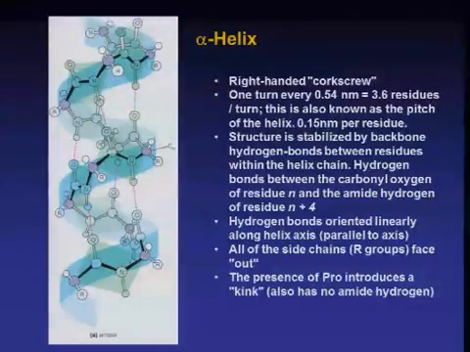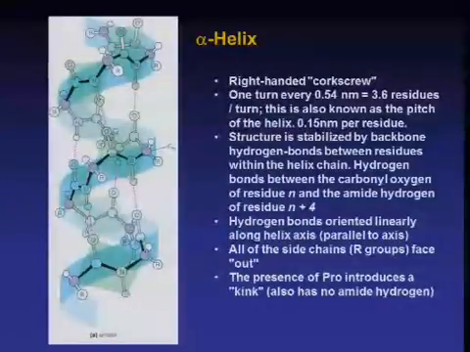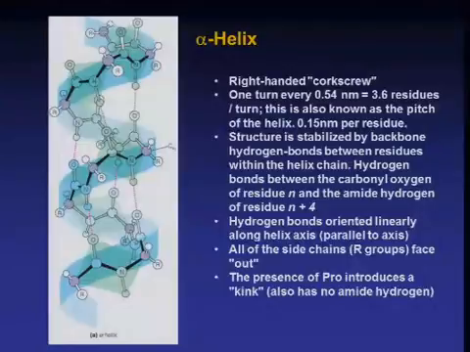Okay, one turn about every 4 amino acids, 3.6 residues, right? So that if you have an R group here, you come around, and when you get to the same position, as you make one full turn of the helix, you're going 3.6 residues. Again, we're getting structure being stabilized. It's a secondary structure, so the atoms involved are main chain, right?